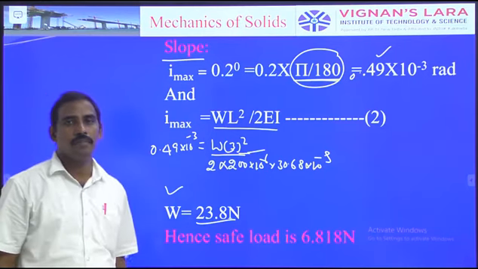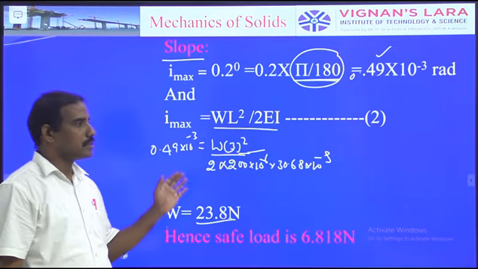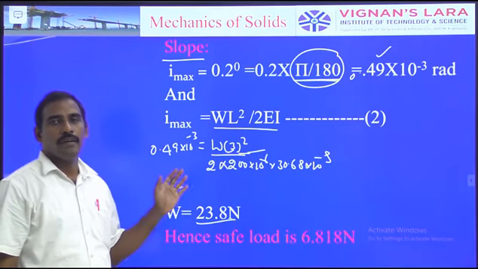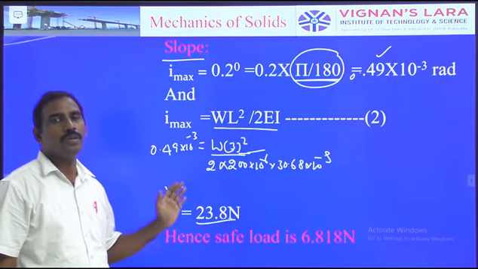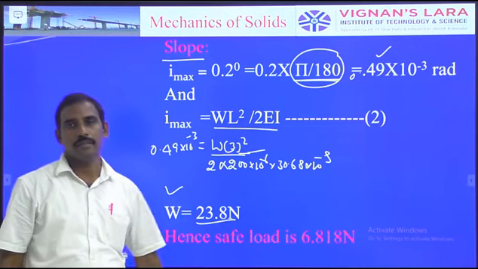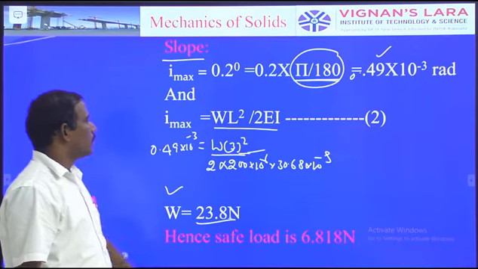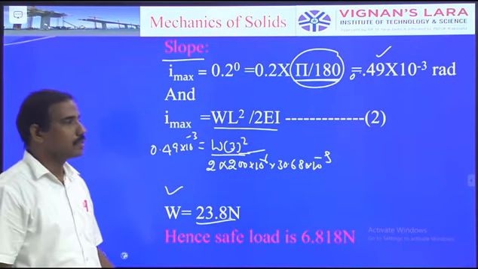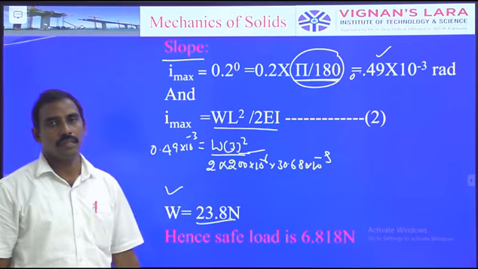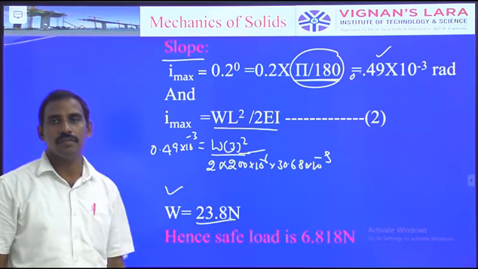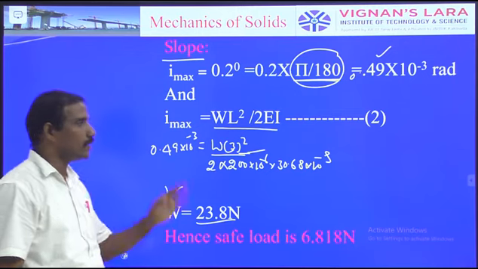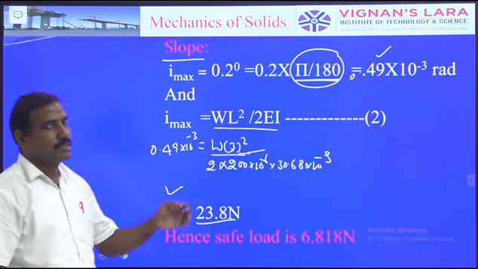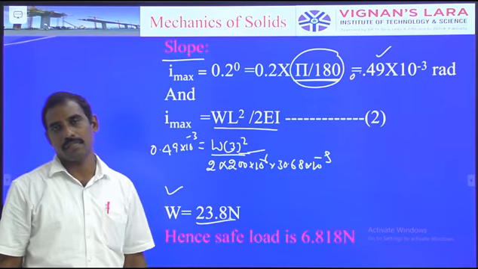The second is the boundary conditions: the slope and the deflection are 0 at the fixed end. Based on these boundary conditions, we can find the constants of integration C1 and C2 and substitute these values in both the equations. Finally, we formulated the slope and deflection equations.